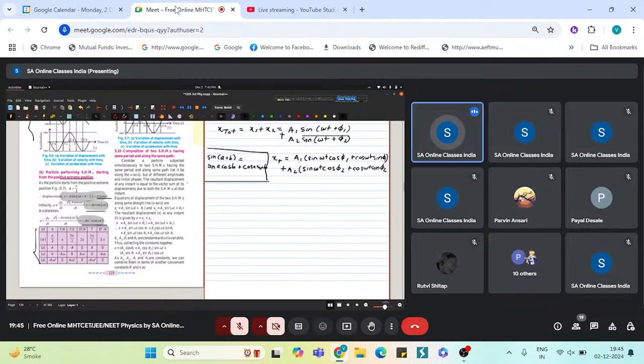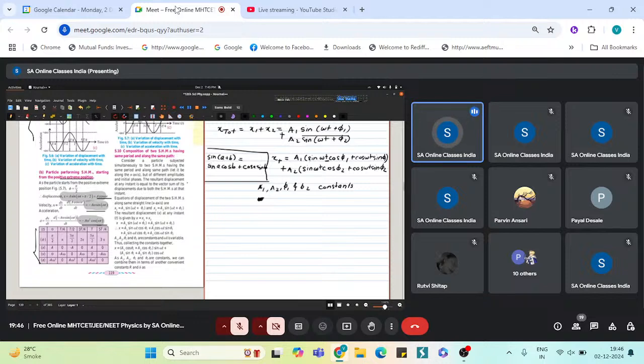Now we know that A1, A2, phi 1 and phi 2, these all are constants. Their values are not changing. We set their values and they stay constant during the motion, whereas the variable here is t essentially.